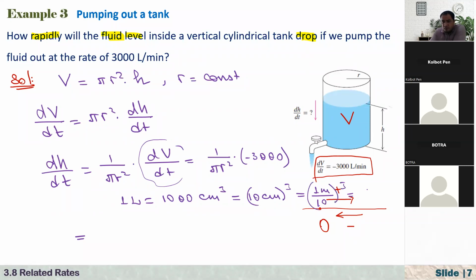That's equal to 1 meter cubed over 10 to the power of 3. Anyway, guys, let's continue.